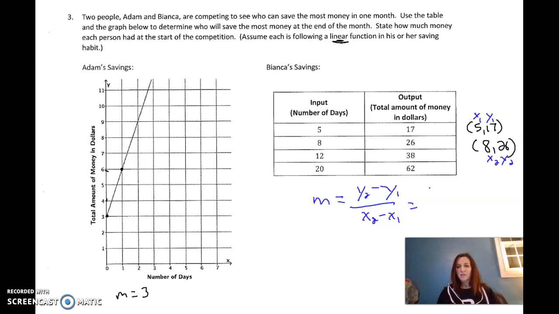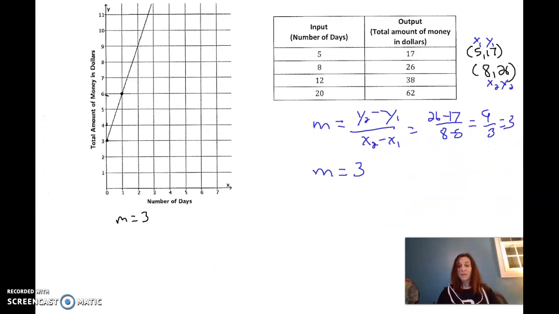So 26 minus 17, 8 minus 5. That works out to be 9 divided by 3. Well, guess what? That's 3. So the slope of this one is also 3. So they're going to have saved the same amount of money at the end of the month.